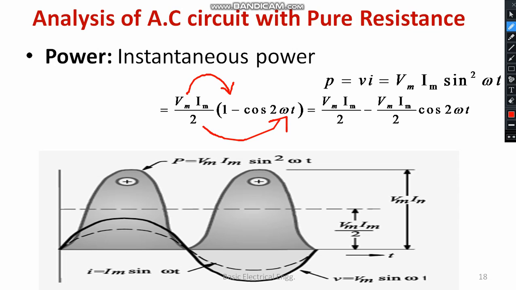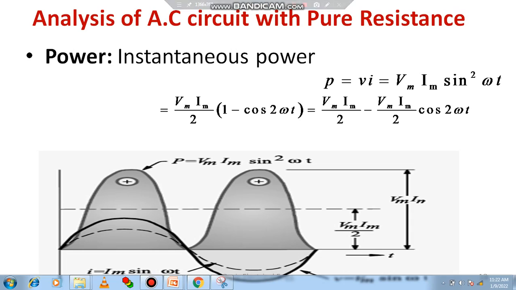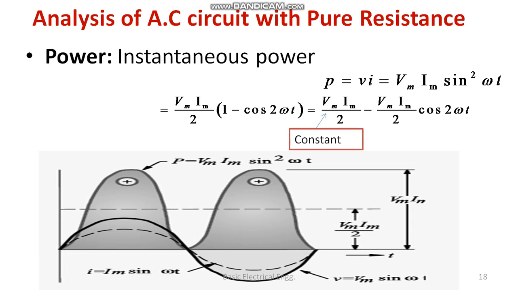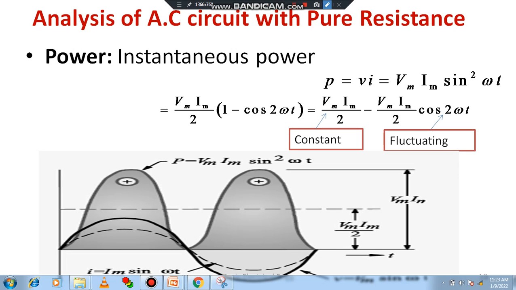So it becomes Vm Im by 2 minus Vm Im by 2 into cos 2 omega t. There are two terms when writing in terms of power. The first part is constant, whereas the second part is fluctuating.